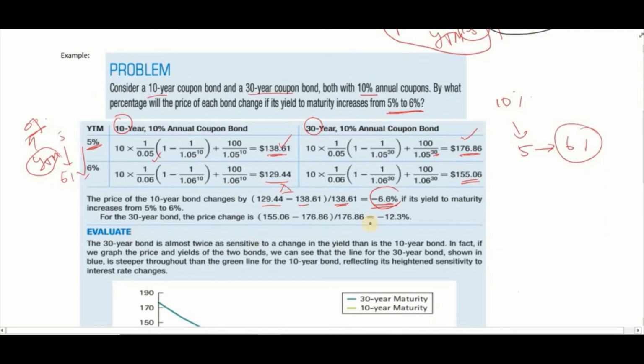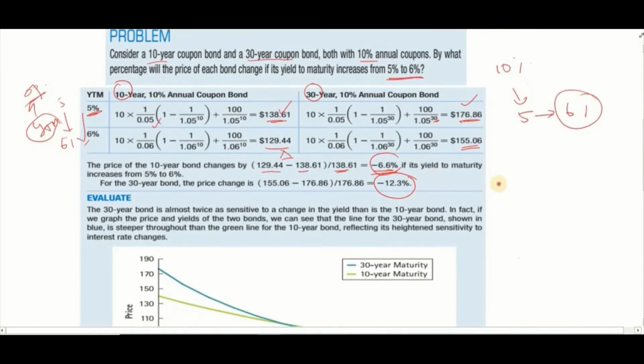And for the 30-year bond, the impact is nearly double, because it is 12.3%. So can you see that we know YTM has an inverse relationship with the price, but for the two bonds, if YTM increases, the bond with the higher maturity will see a more significant effect than the bond with the low maturity.